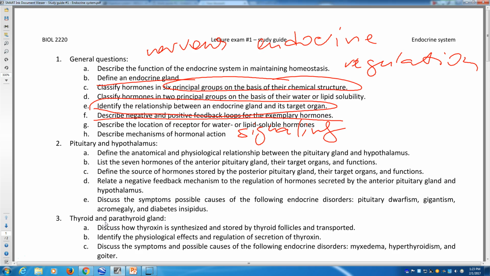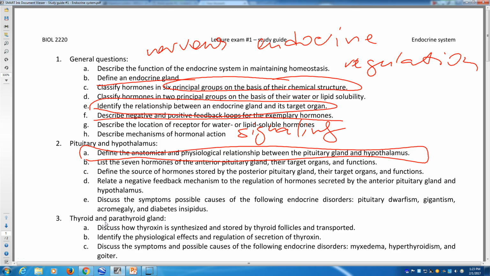Any questions on this part? Good? Okay, pituitary and hypothalamus. So, the anatomical and physiological relationship. The hypothalamus controls the pituitary, right? Which part of the pituitary? It controls the anterior by producing either releasing or inhibiting hormones and delivering them through the hypothalamo-hypophyseal portal system, right?